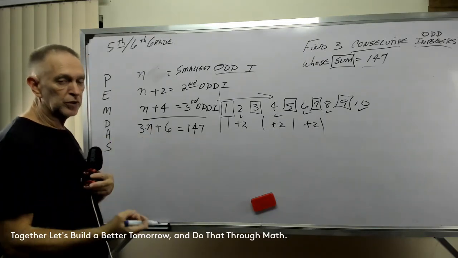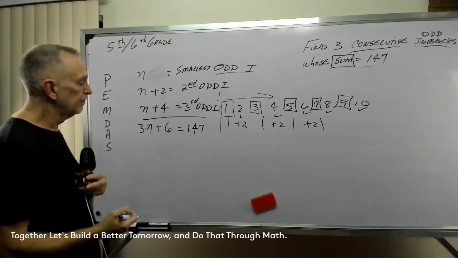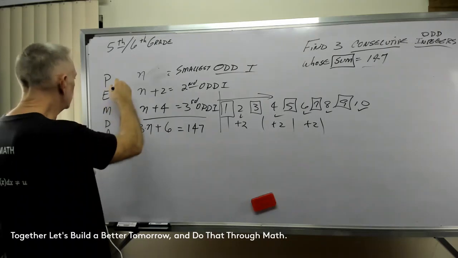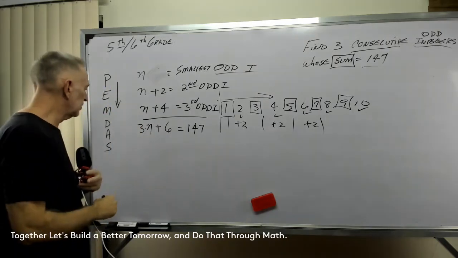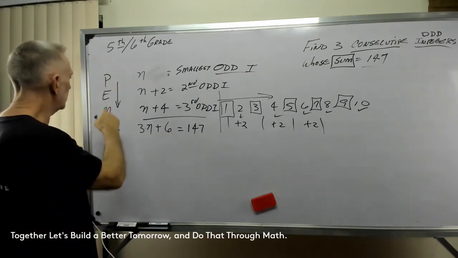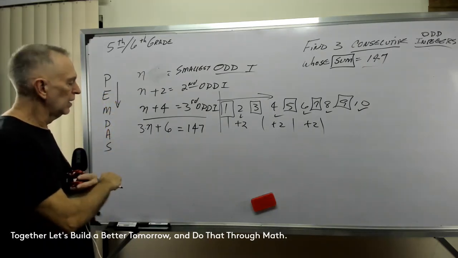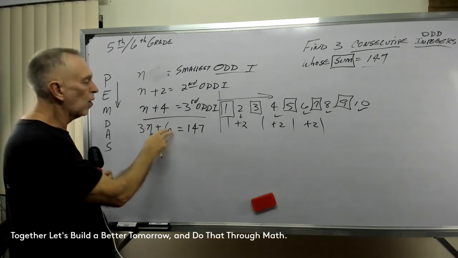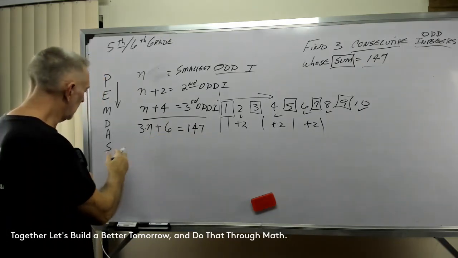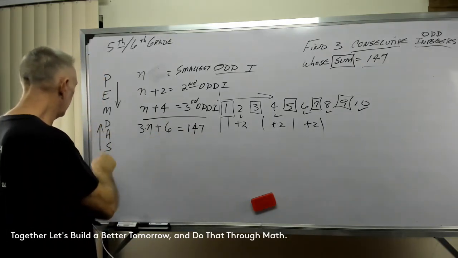That's how you put together an equation. So it's normally going that direction. You start with the parentheses, exponents, multiply, divide, add, subtract. But now we're trying to take it apart. So I go the opposite way.